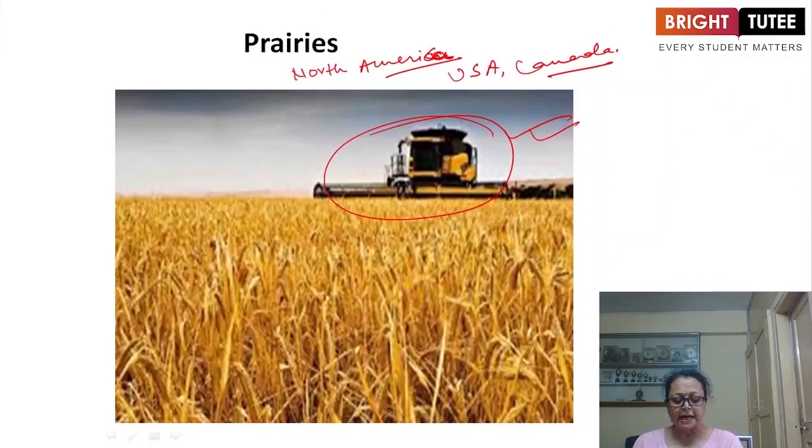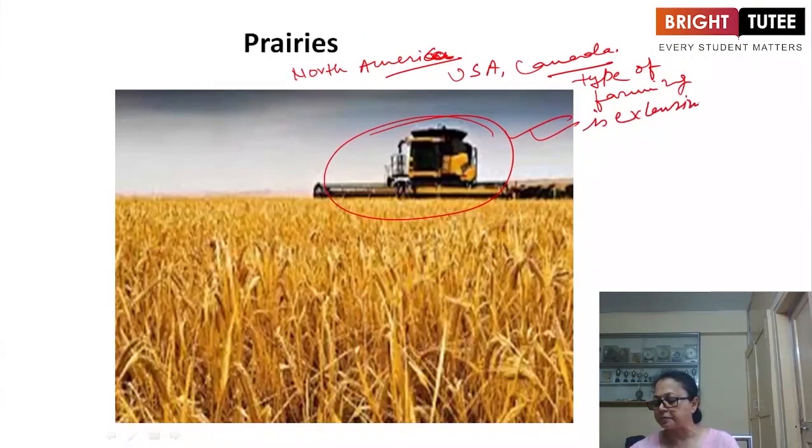So this type of farming is also known as extensive farming. This type of farming is done over here.